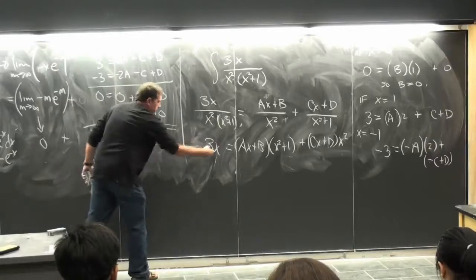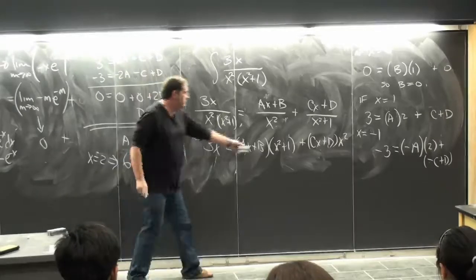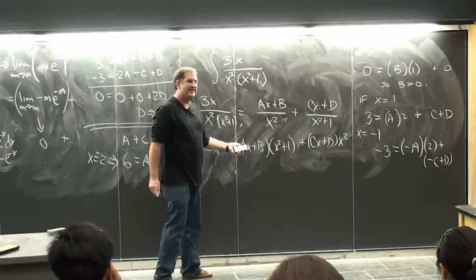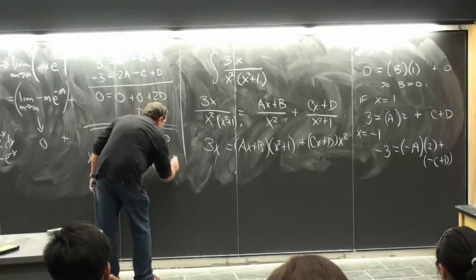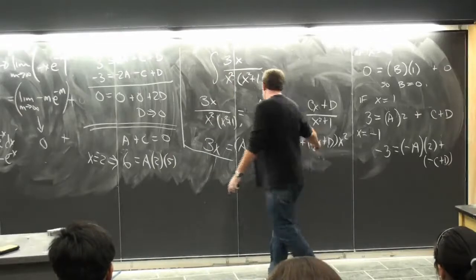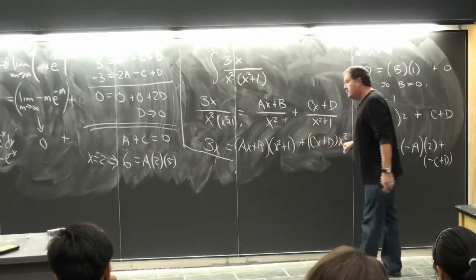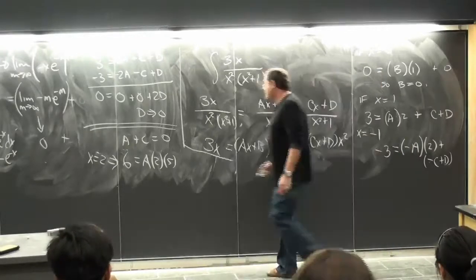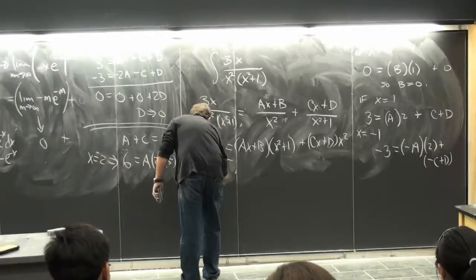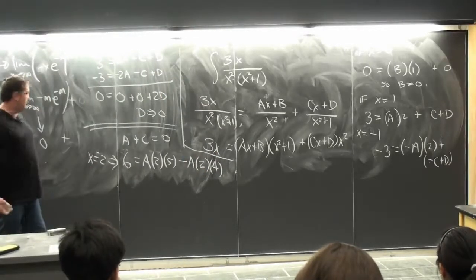So 6, 3 times 2, equals a times 2, b is 0 so it's gone. Oh, it wasn't 5, it was 10. Times 5. And then c here is negative a, so this is negative 2 times 4, since d is 0.